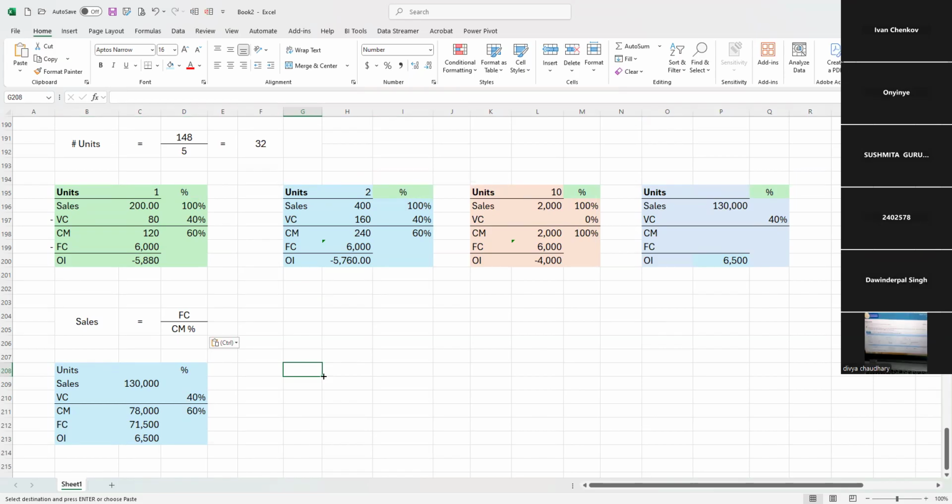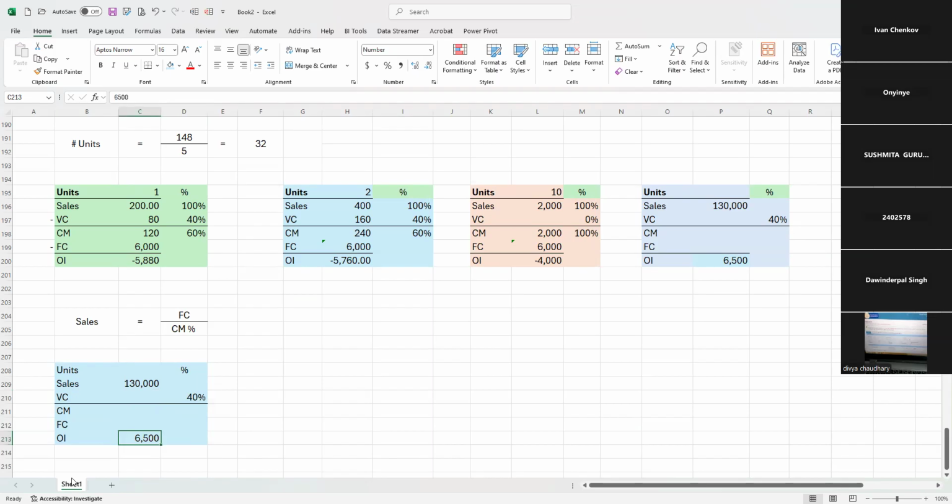Professor, sorry for interrupting. I can't understand how we get 78,000 from the ratio. Okay, so let's go back again. This is what we know. This is the only thing that we know: sales, variable cost as a percentage, operating income in total.